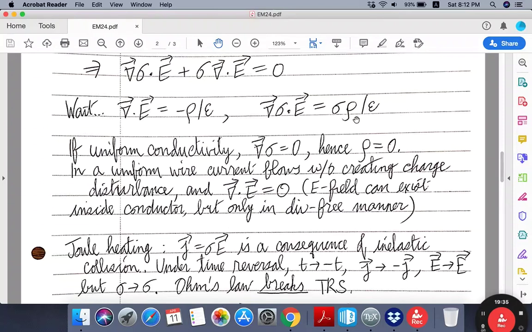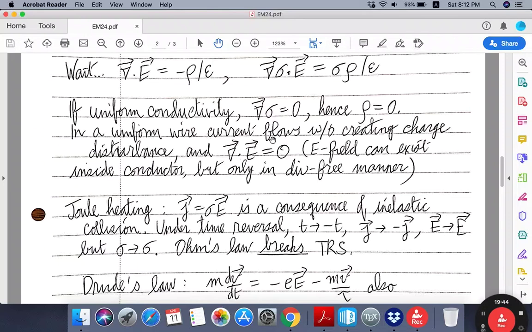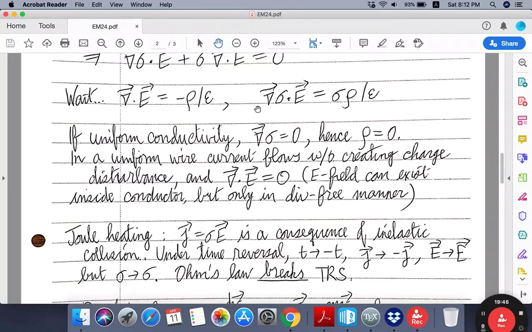Now, however, if the whole system was homogeneous, and therefore this conductivity did not have any special variation, then the left-hand side vanishes, which would mean that the right-hand side will also have to vanish.